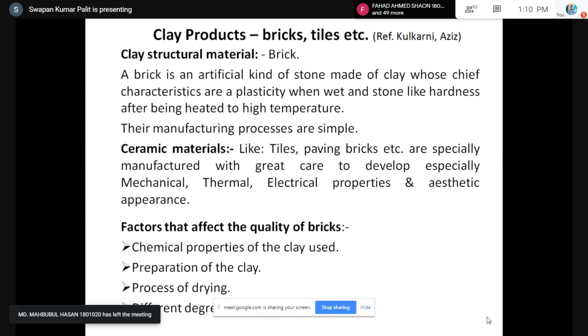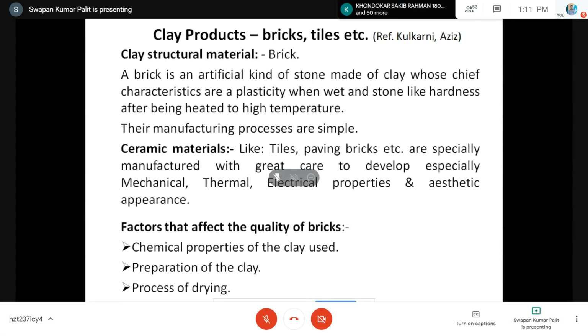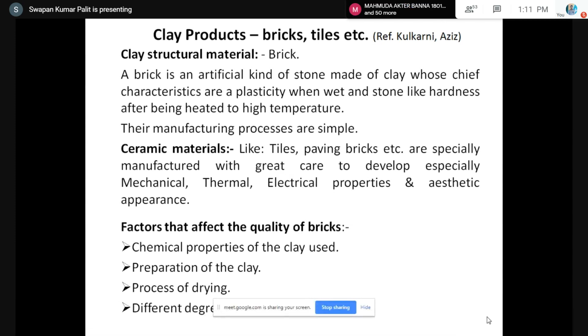A brick is an artificial kind of stone made of clay, whose chief characteristics are a plasticity when wet and a stone-like hardness after being heated to a high temperature. That means when wet, it will behave as plastic material, and when it is burnt, it will be hard like stone.